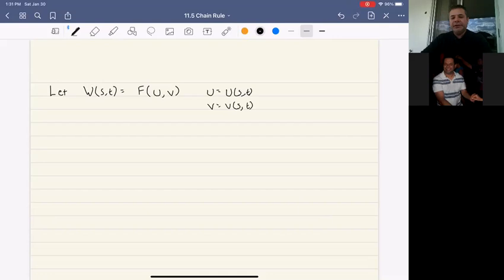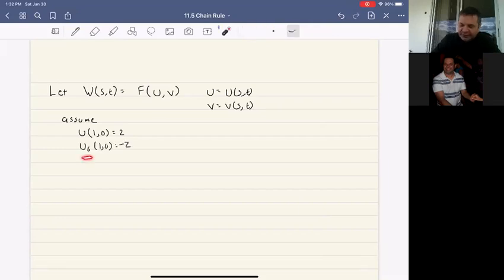Okay? So now we're going to assume that U of 1 comma 0 is 2, U sub S of 1 comma 0 is negative 2. Remember, this means that that's the derivative of U with respect to S. V of 1, 0 is 3.